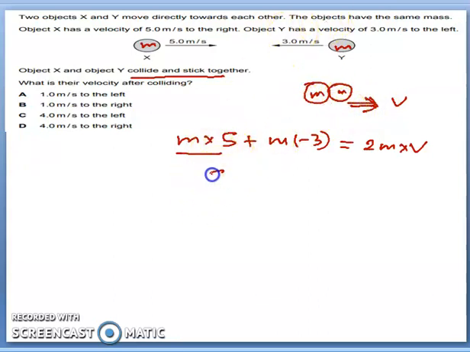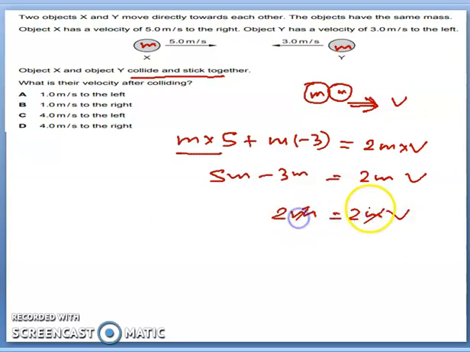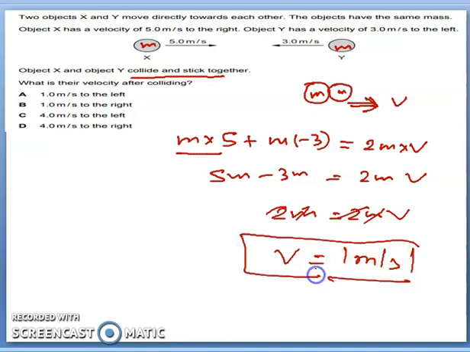So 5m minus 3m equals 2mv. 2m equals 2mv. m and m cancel, 2 and 2 cancel, v equals 1 meter per second. Since v is positive, it is moving towards the right. So 1 meter per second toward the right.